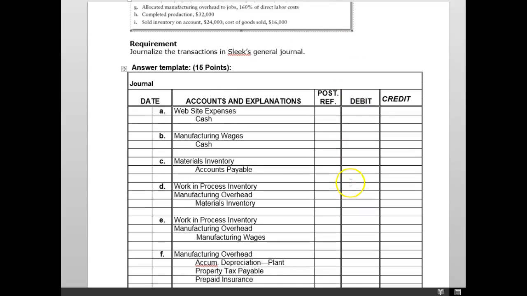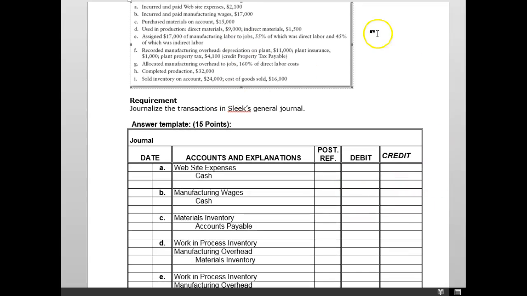Well, what were your direct labor costs? We have to come up here and find the direct labor. Here's direct labor was 55% of $17,000.